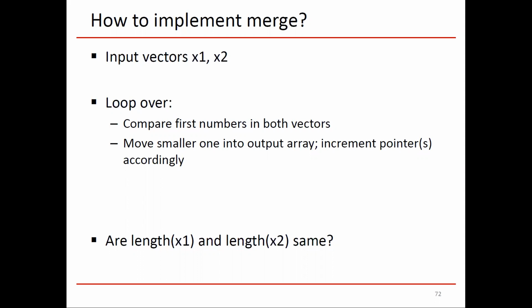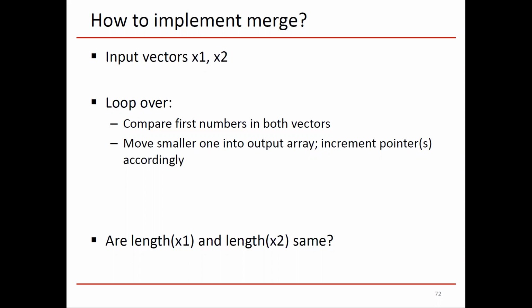Remember my analogy, two decks of cards, and you're looking at the card at the top of each deck, and these decks are already sorted, so the card at the top of each of the decks is going to be the smallest number, and then you're asking which is smaller. The smaller one, you're putting it aside, moving the smaller card into our output array, and then we're incrementing the pointer in the deck of cards that we removed that card from.